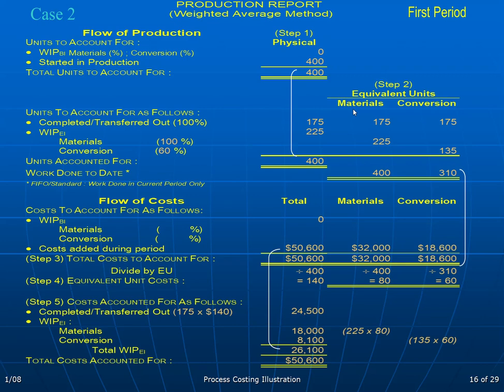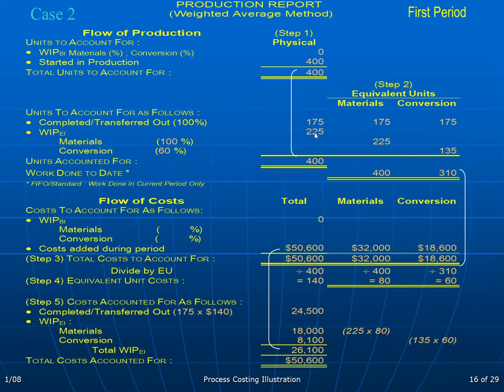Okay, the next step here would be to calculate the equivalent units for these units accounted for. The 175 units were fully processed both with respect to materials and conversion costs in the current period, so they are equivalent to 175 units each. The 225 units in ending inventory are fully processed with respect to material, so they're equivalent to 225 equivalent units, but they were only 60% processed with respect to conversion costs.